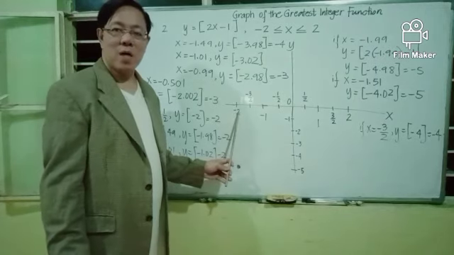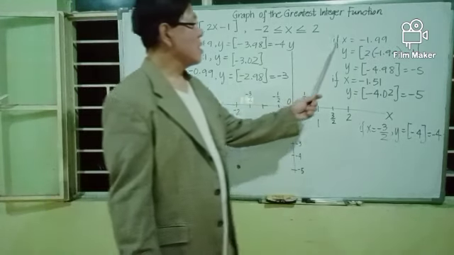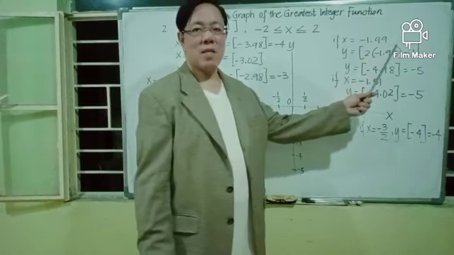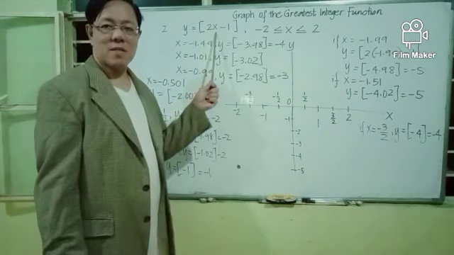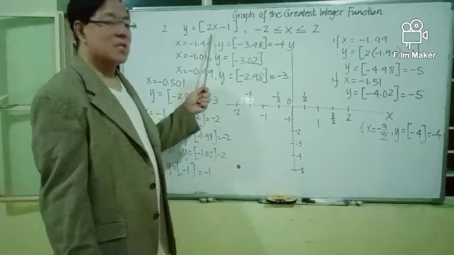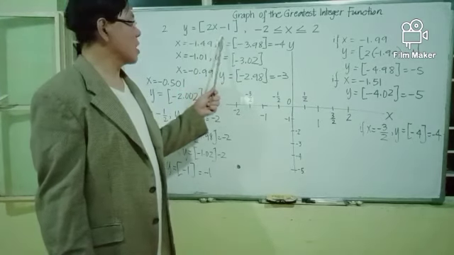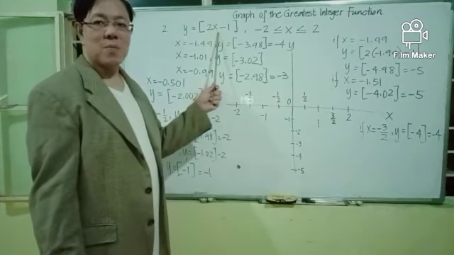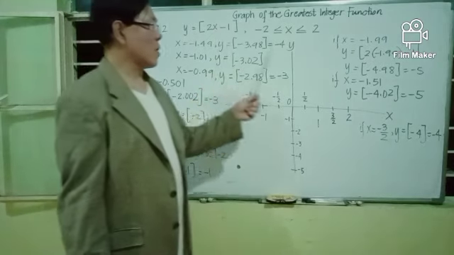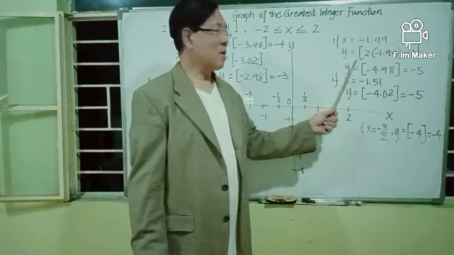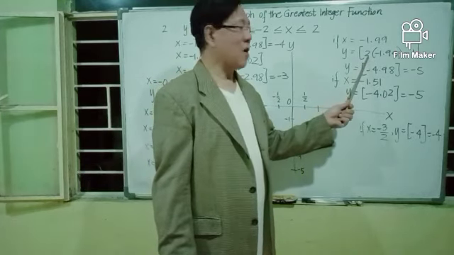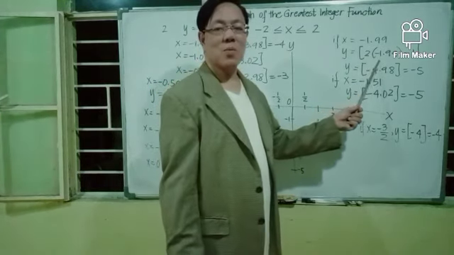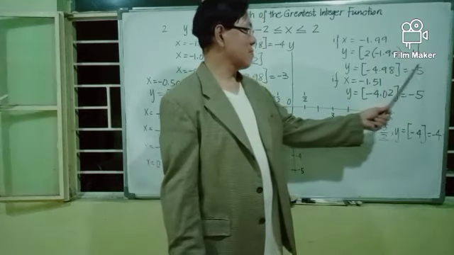say negative 1.99, if x is negative 1.99 and you substitute the value of x here, then the value of y is the floor of 2 times negative 1.99 minus 1. Y is equal to the value of the greatest integer function of 2 times negative 1.99 minus 1.